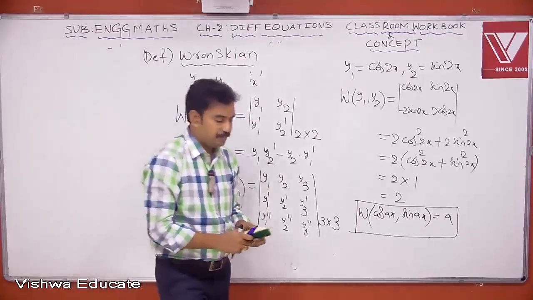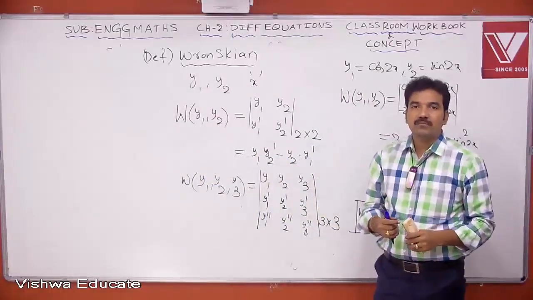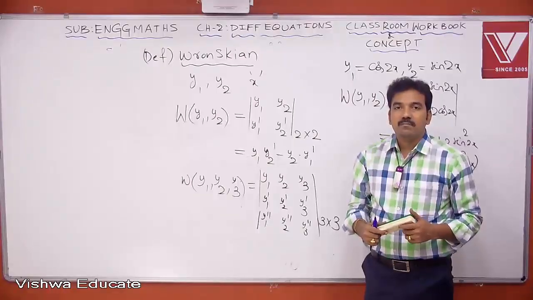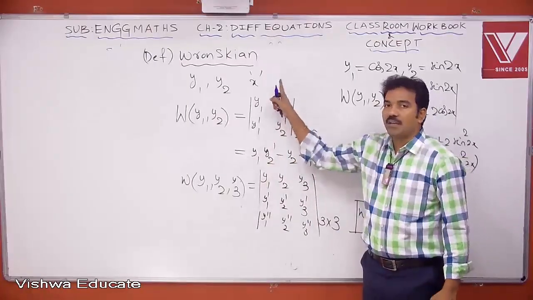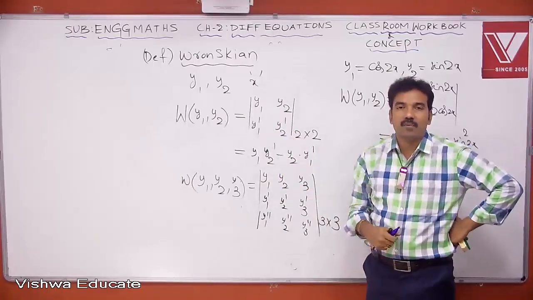Wronskian. Let y1 comma y2 be two functions in the variable x.